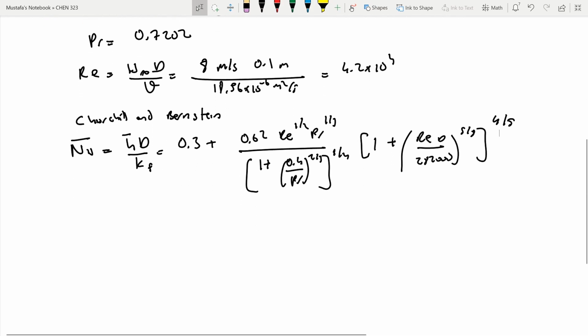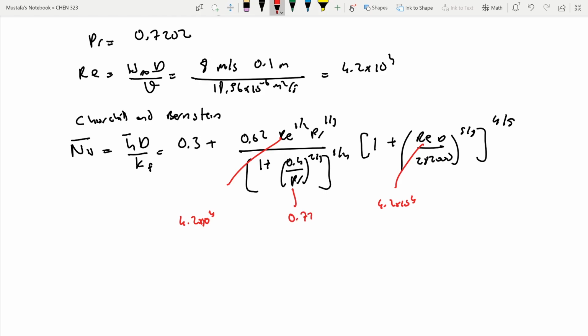So here it is just a substitution equation. We will be substituting 4.2 times 10 to the 4 for Reynolds number. For the Prandtl number we have 0.7202. And then we will evaluate this.